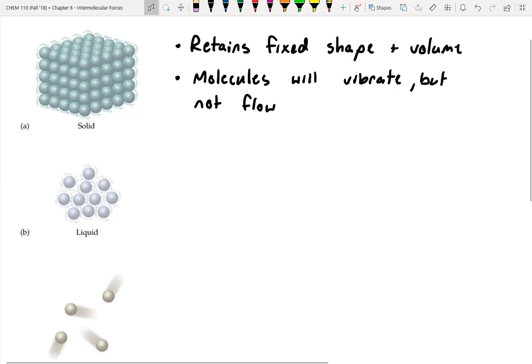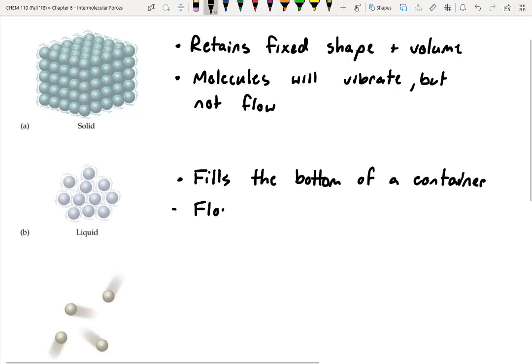All right, a liquid, on the other hand, doesn't retain a fixed shape, but it will fill the bottom of a container. And they flow freely. Sometimes the difference between a solid and a liquid can be a bit more complicated than that.